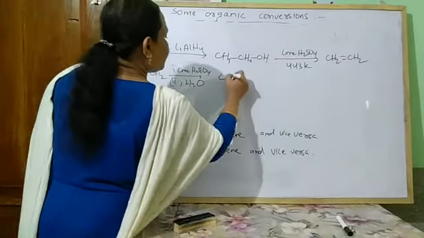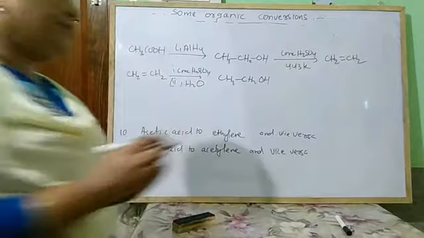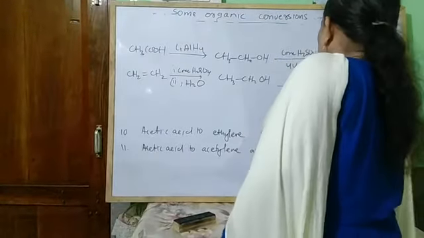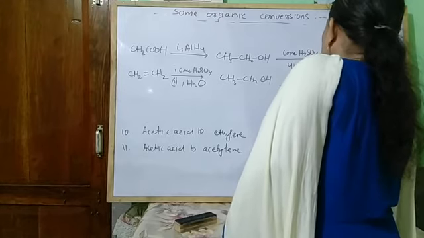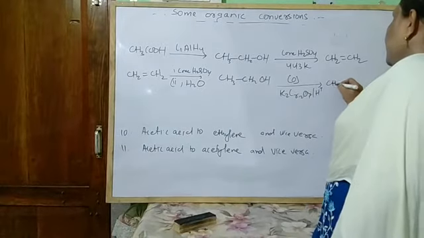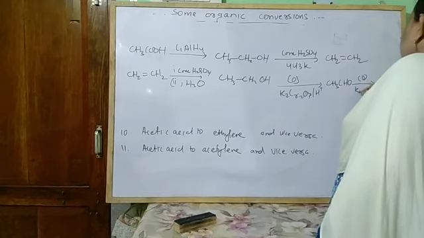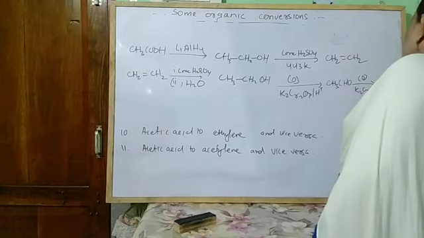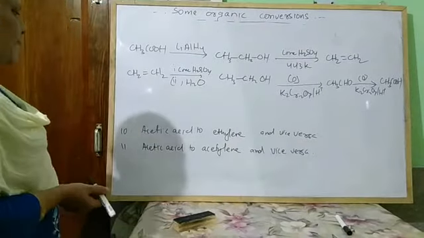It is converted to ethyl alcohol, and ethyl alcohol on strong oxidation with acidified potassium dichromate is converted first to this, then on further oxidation gives acetic acid. This is ethylene to acetic acid.